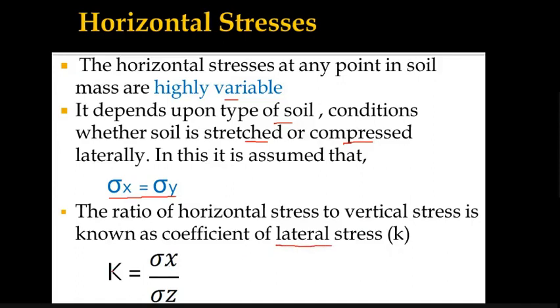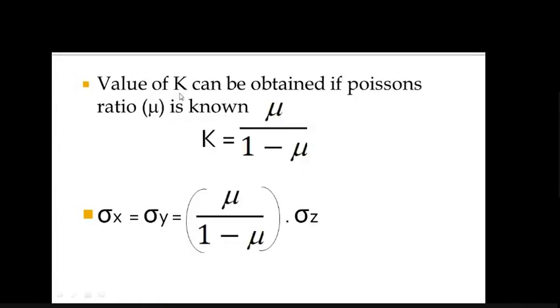So this coefficient of lateral stress is equal to sigma x upon sigma z. The value of this lateral stress can be obtained with the help of Poisson's ratio. From Poisson's ratio and the sigma z calculation, we can find out the horizontal stresses acting in the soil mass.